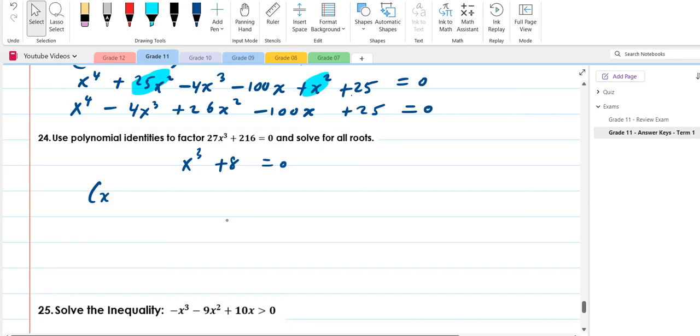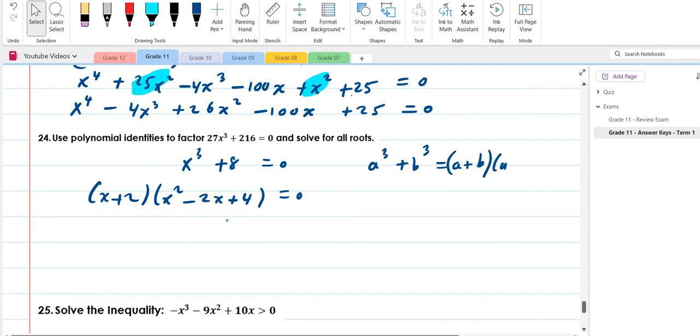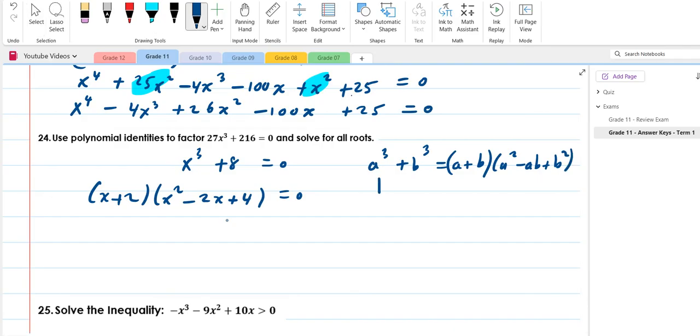So x plus 2 into x squared, product of these two with the opposite sign, minus 2x plus 4, we square the 2, is equal to 0. Remember, a cubed plus b cubed is equal to a plus b into a squared minus ab plus b squared. So your a in this case is x and your b in this case is 2, because the cube root of 8 is 2. So that's what we have.